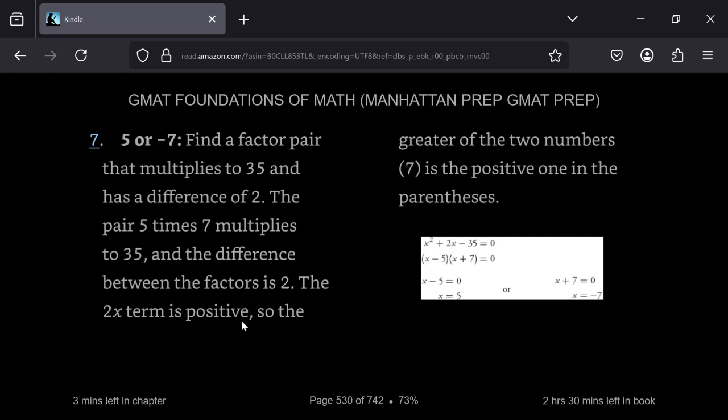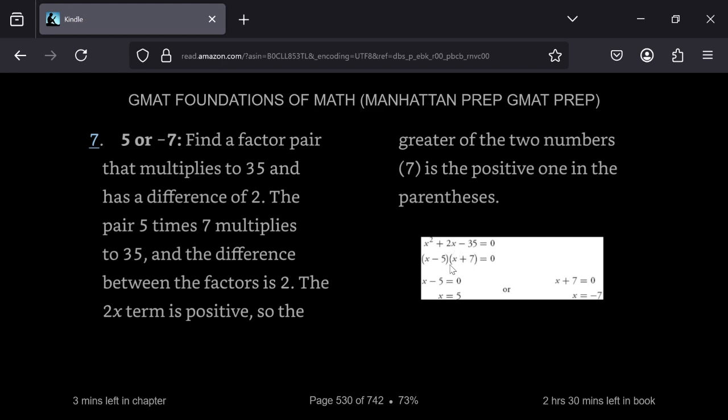The 2x term is positive, so the greater of the two numbers, 7, is the positive one in the parentheses, because you could have chosen 7 as the negative and 5 as the positive. If we do that, we will get -2 instead of 2, right?